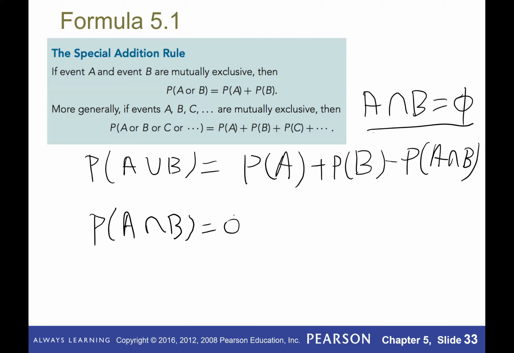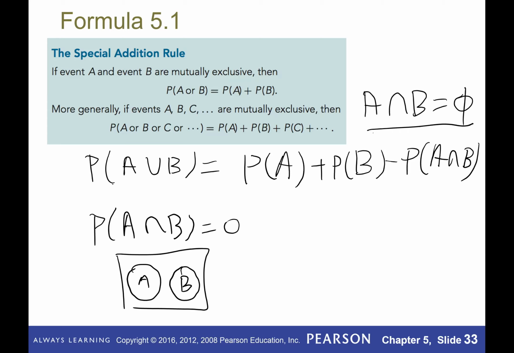When A and B are mutually exclusive, it means they do not have any common outcomes. If A is this event and B is this one, they do not have any intersection, so they do not have any common outcome. In that case, the probability of A intersection B is zero.